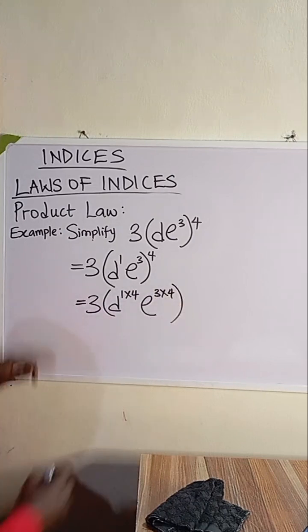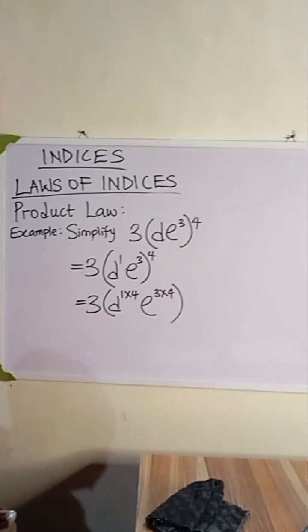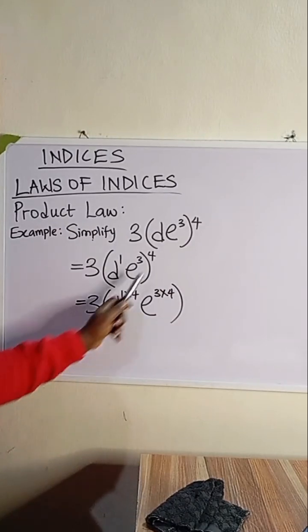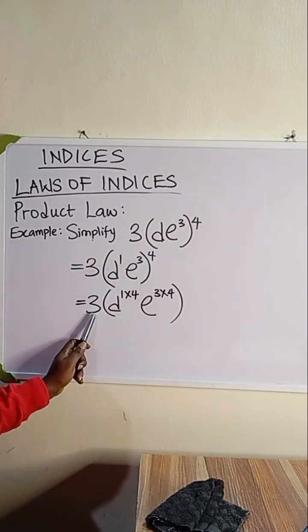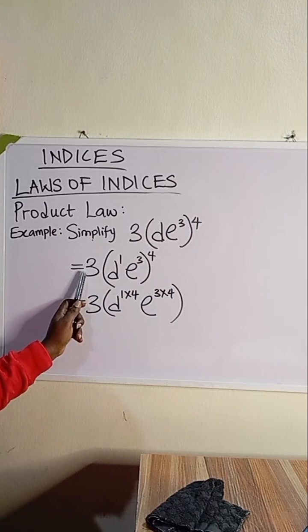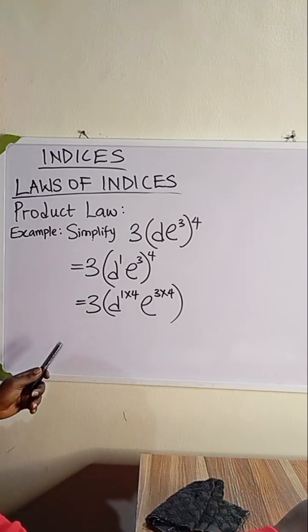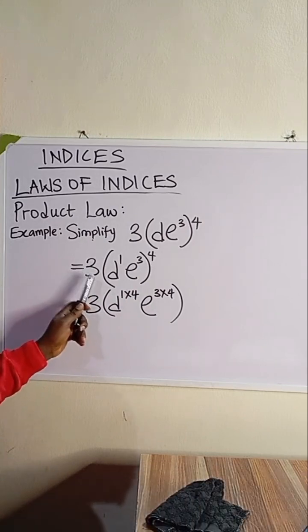So in this case, you can see that 4 does not affect d. Sorry, 4 does not affect 3. It doesn't affect 3. 4 does not affect 3 in this particular situation because 3 is outside the bracket.